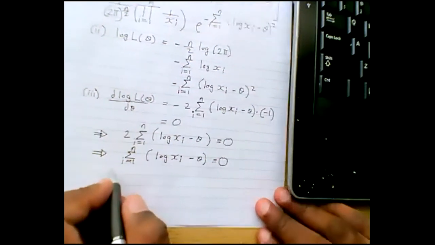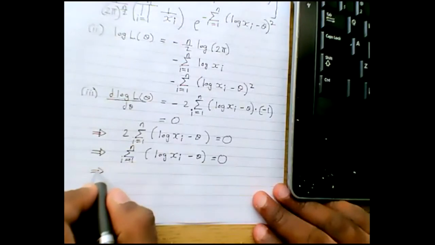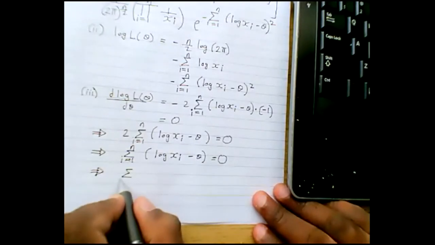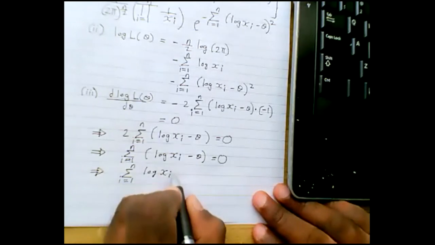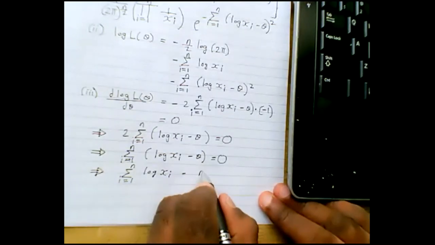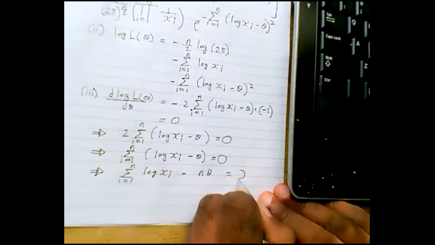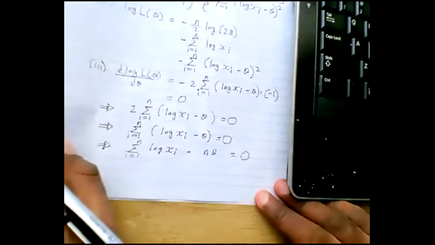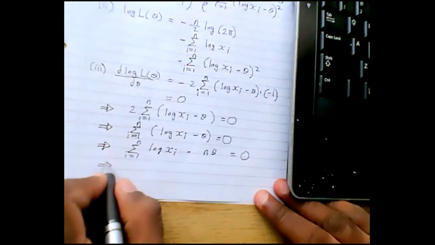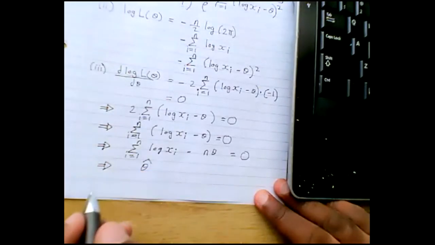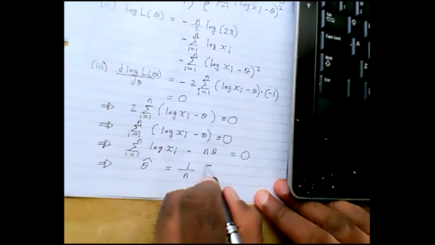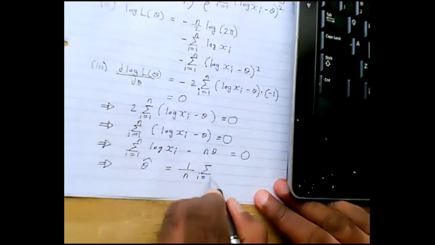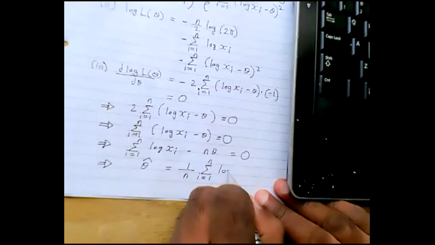So this implies that the sum of log of xi minus the sum of theta, which is n theta, is equal to 0. So the solution for theta, let me call it theta hat, is equal to 1 over n times the sum of log of xi.